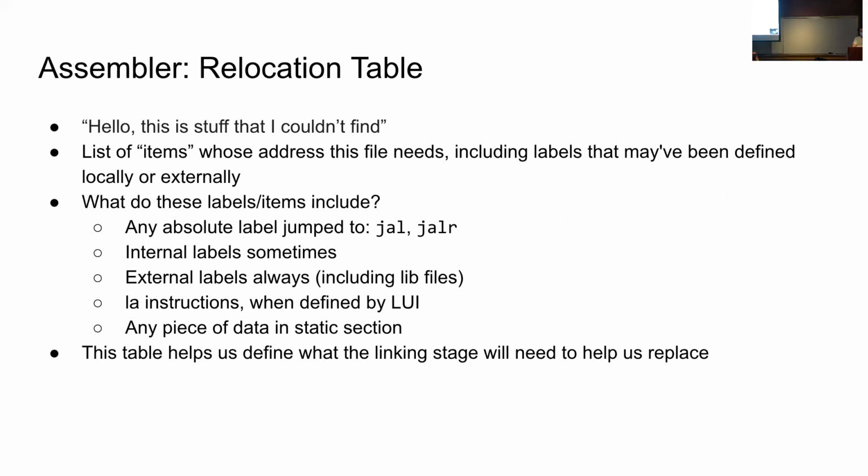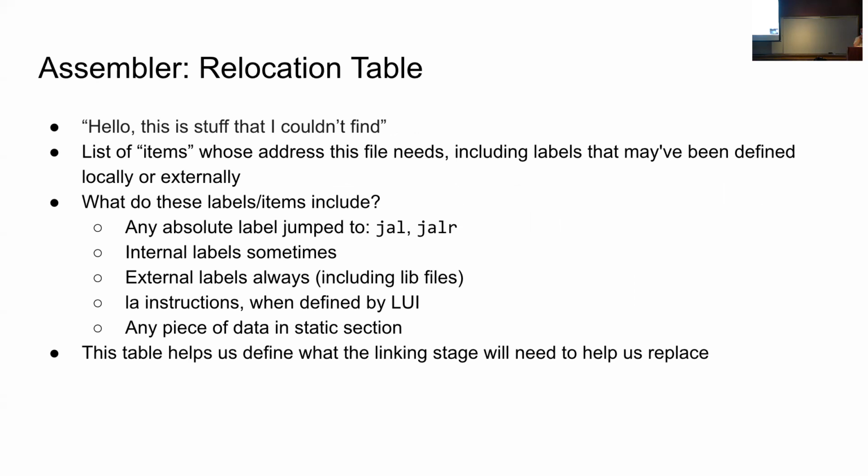And then the relocation table, I would emphasize that you could think of this as the stuff that file A couldn't find. It's the list of items whose addresses aren't in said file and need to be found. And what do these items or labels commonly include?